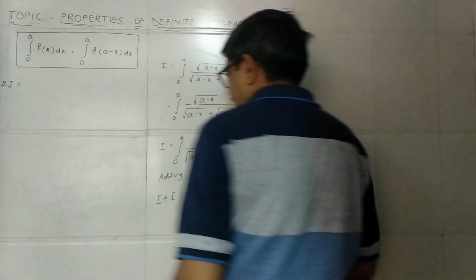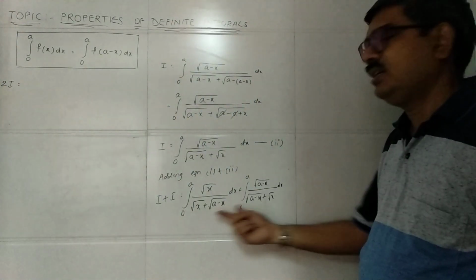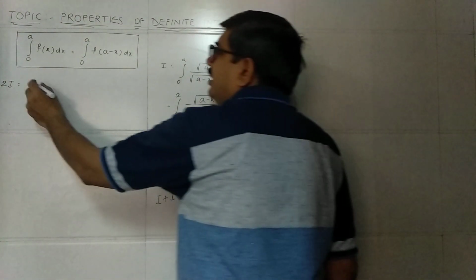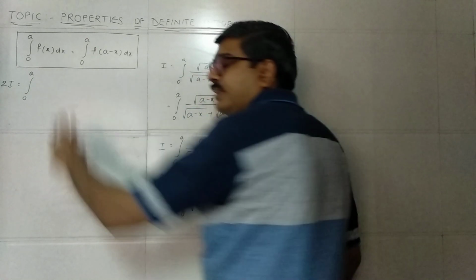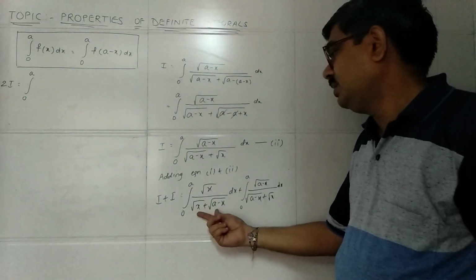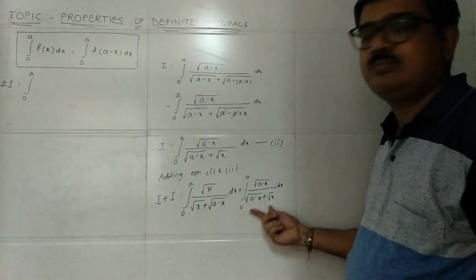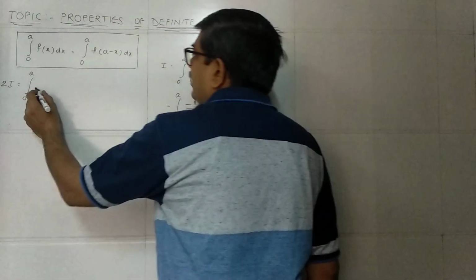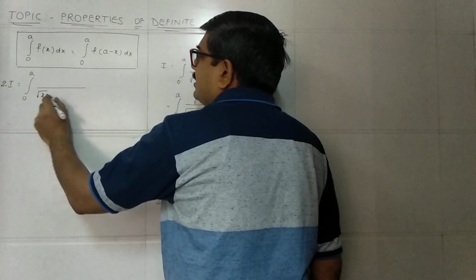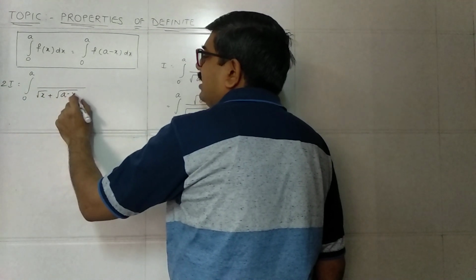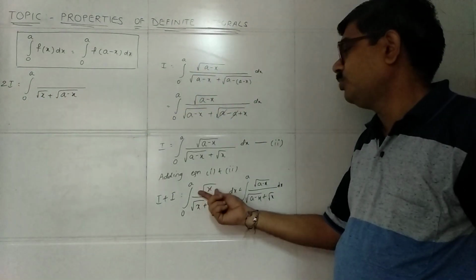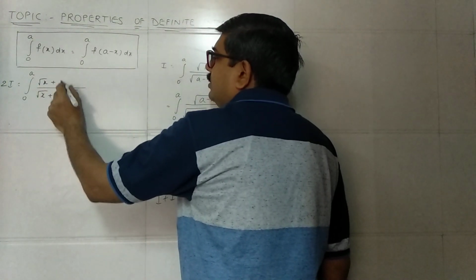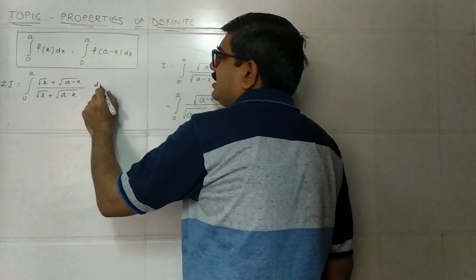On the right hand side, in both the integrals the limits are the same, 0 to a, so you can take integral 0 to a common. The denominators of both the fractions are the same, so you get the same denominator, root x plus root a minus x, and in the numerator you add both the terms, root x plus root a minus x, dx.